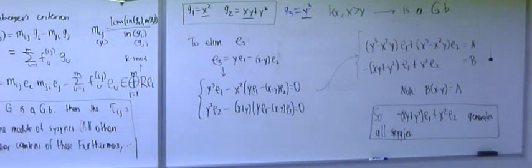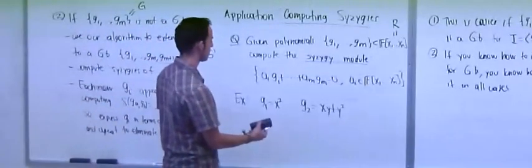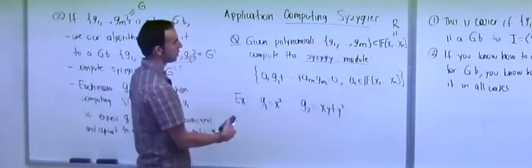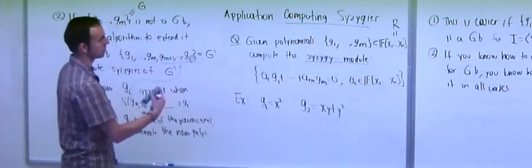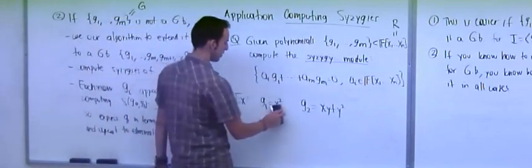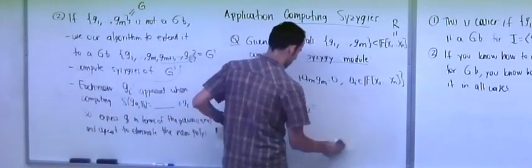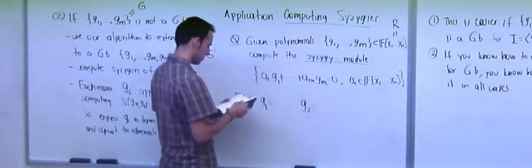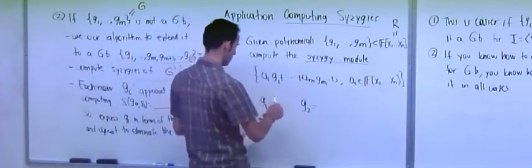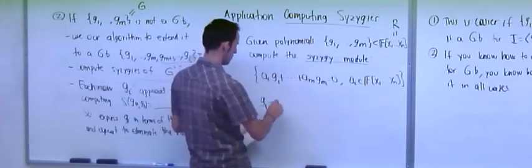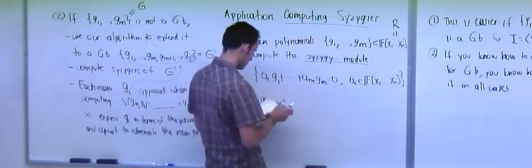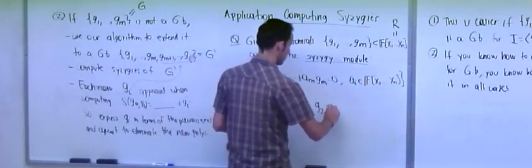And one thing that I would like you to think about is that you could have had a more general question, like, for example, what if you wanted to compute syzygies between something like this? I mean, we computed syzygies between, but maybe I'll keep this so we remember what we just did.